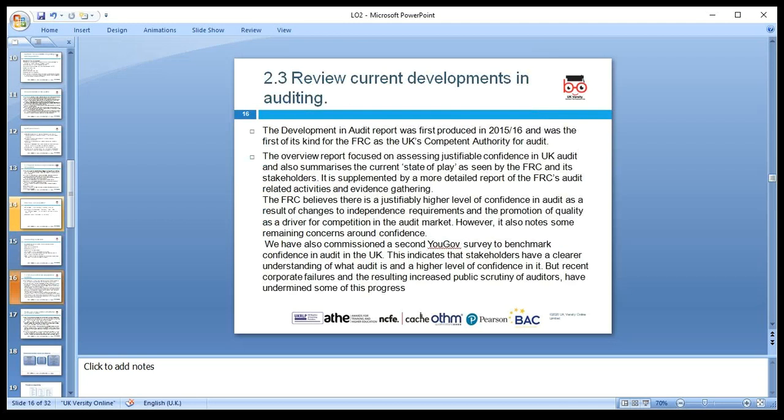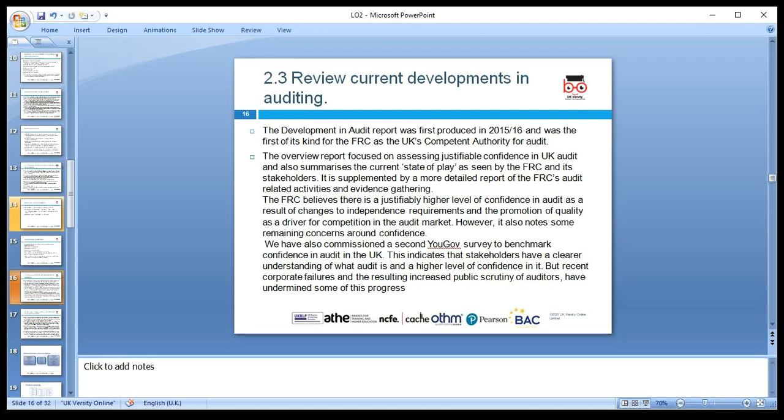Okay, next we're looking at reviewing the current developments in auditing. Yes, there have been a lot of developments. Audit development reports were first produced in 2015 and 16 by the FRC, the Financial Reporting Council, the UK competent authority for audit. The reports focus on justifying confidence in UK audit and summarize the current state of play at the FRC.